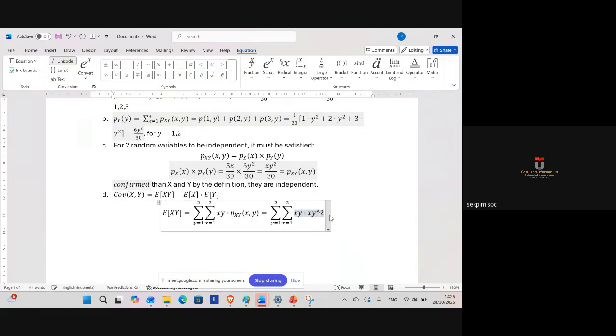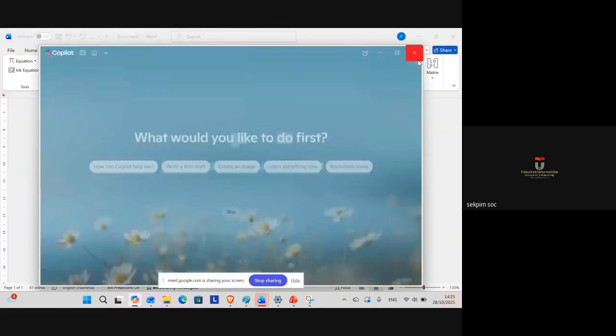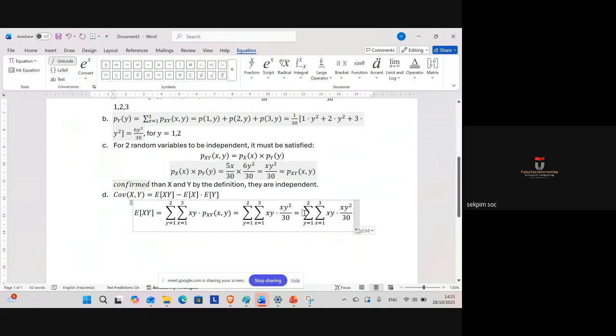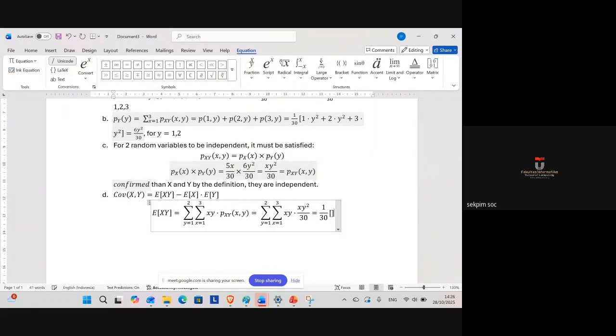We can take the constant 1 over 30 out of the sum, and this becomes x square times y to the power of 3.